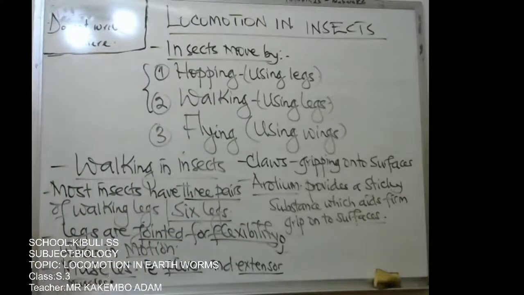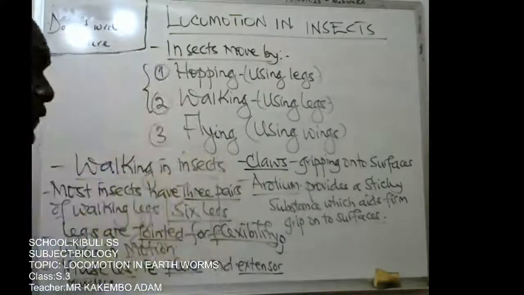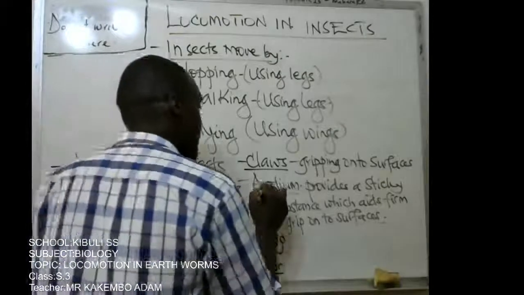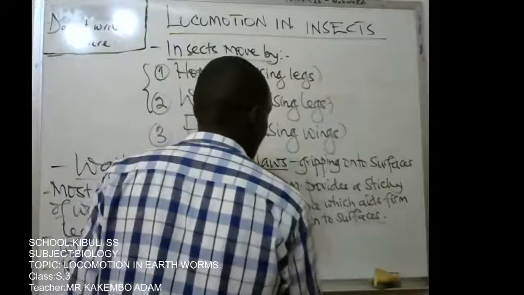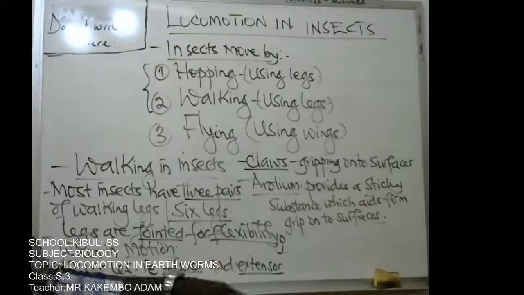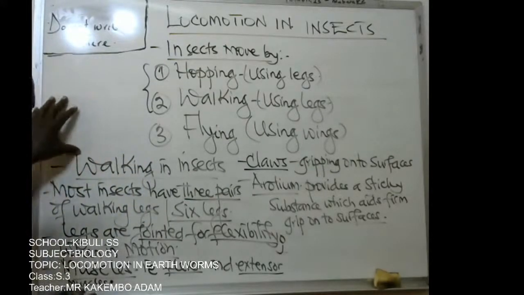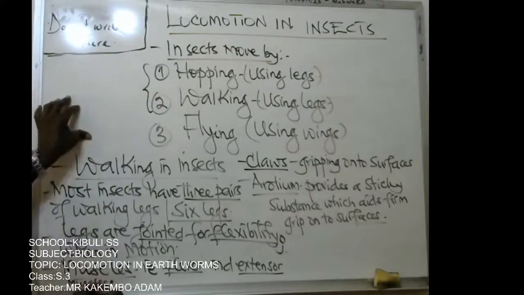Then the muscles in the legs, and the claws for gripping. Then another structure called a rhodium, which secretes a sticky substance that aids firm grip onto surfaces. Those are important features in walking, as far as insects are concerned.